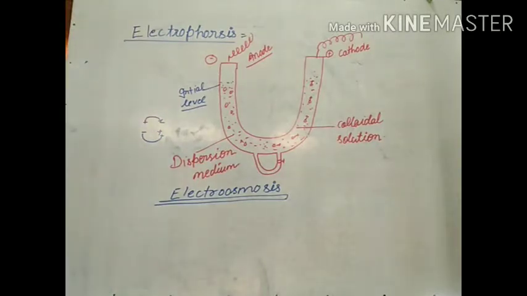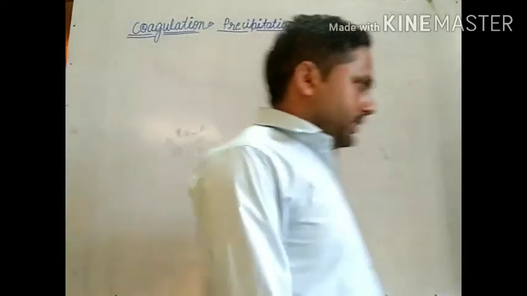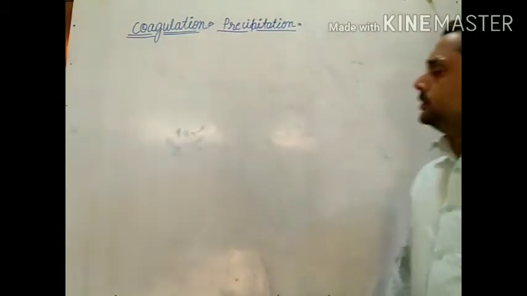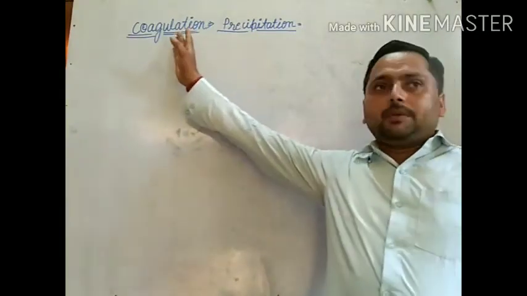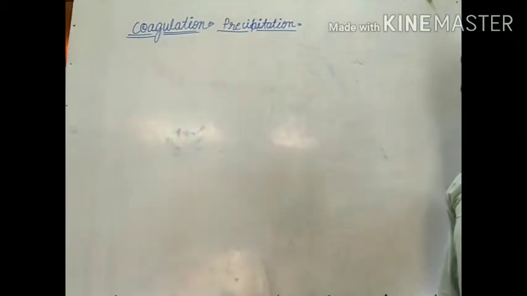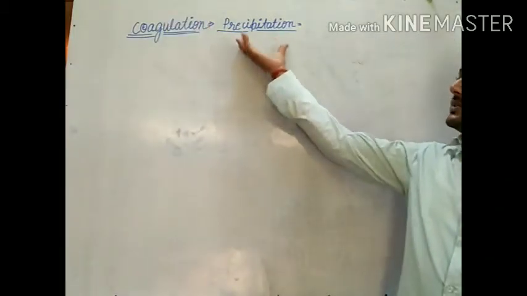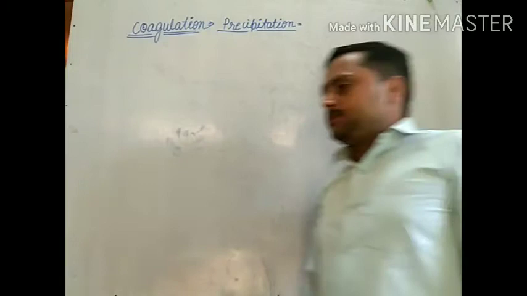Our next topic is coagulation or precipitation. You may not be familiar with the word coagulation, but you are familiar with precipitation. Coagulation is a new word for us, and we have already discussed precipitation.